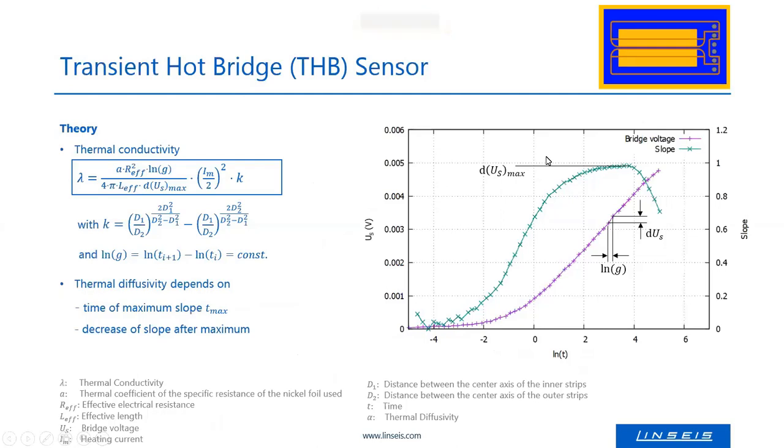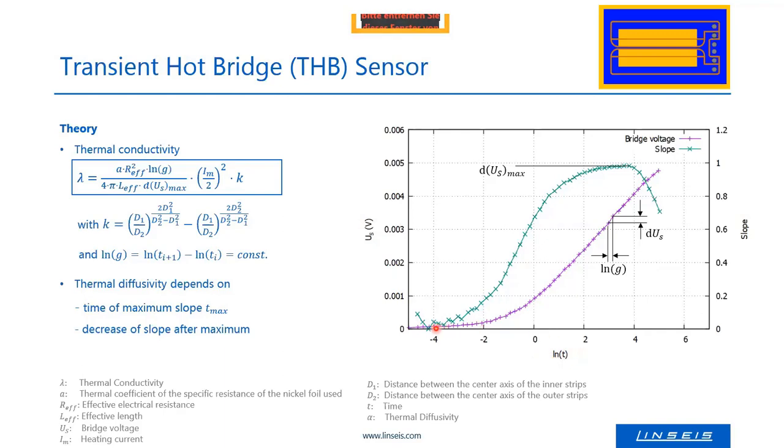And the theory looks complicated, but it isn't. This is a typical measurement curve on the right-hand side. The bridge voltage is plotted versus the logarithmic time.